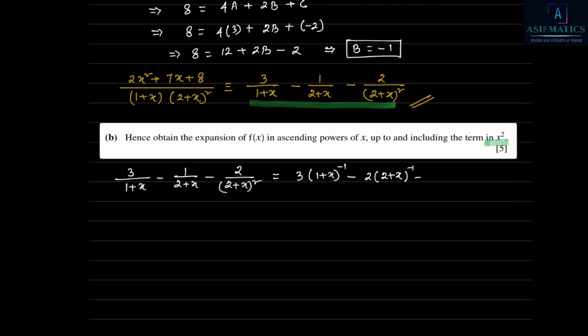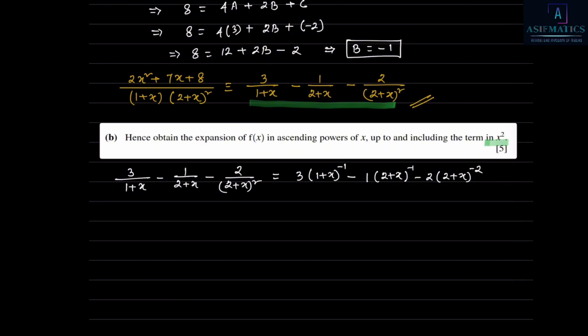So this is 1, 2 plus x to the power minus 1, and then the final one is minus 2, 2 plus x to the power negative 2. So we can write it like this. So this should be in 1 plus x to the power n format. So let's go one by one working.